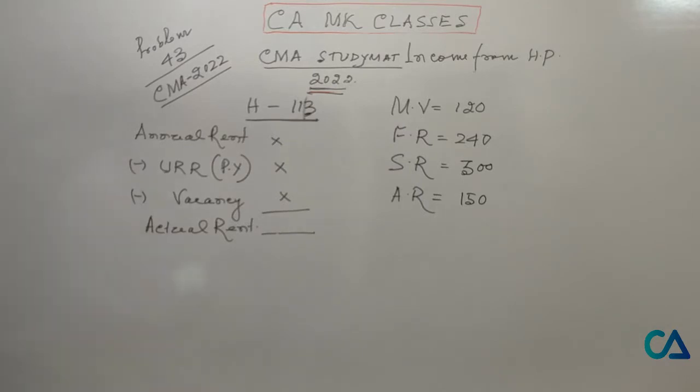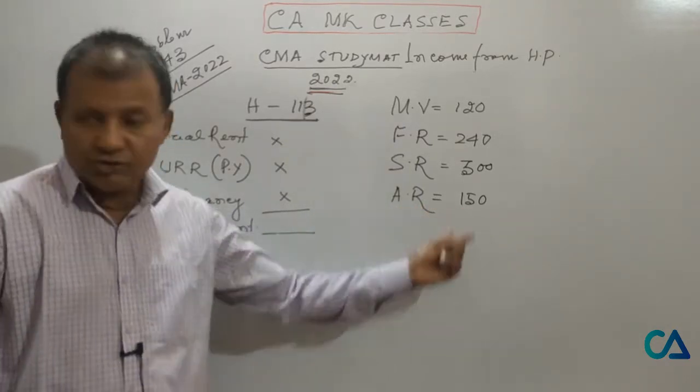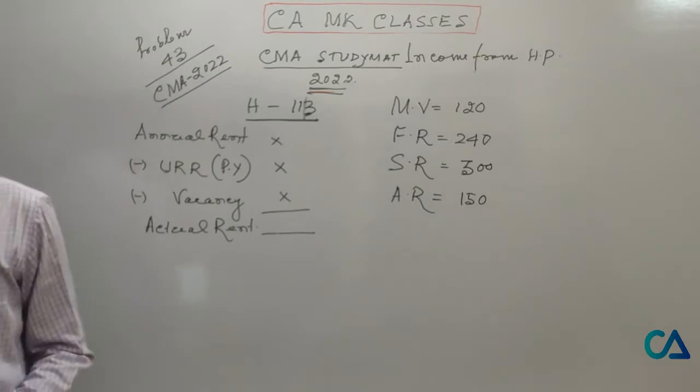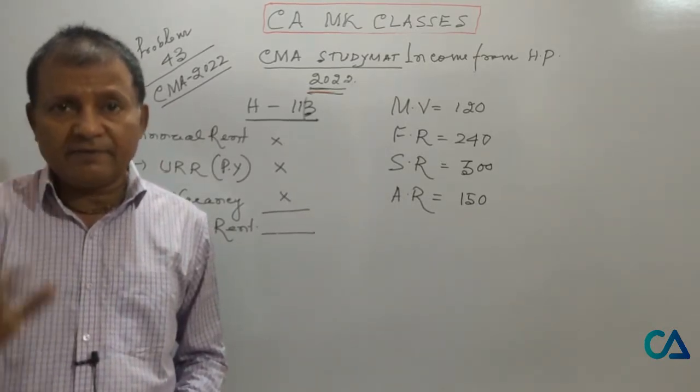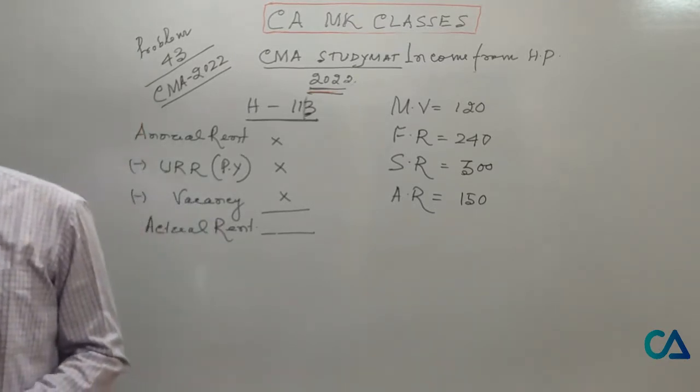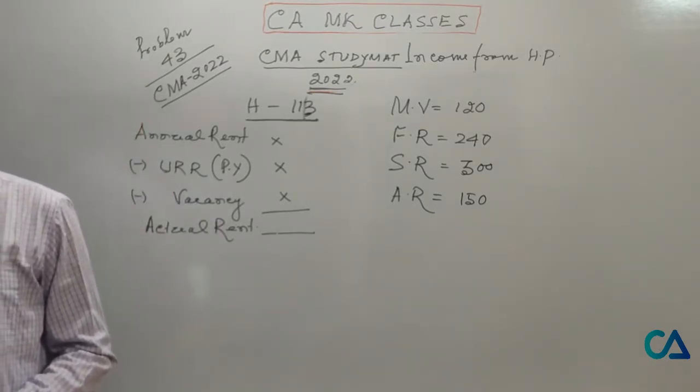So here the annual rent is 150, unrealized rent of 22-23, that is the current previous year, is 20.